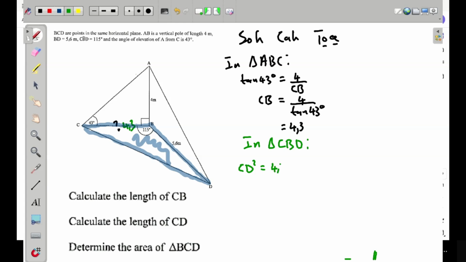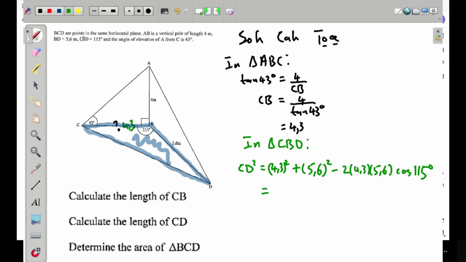You're going to square the 4.3, and then you're going to square the 5.6. Then you say minus 2 times 4.3 times 5.6. Then, because it's the cosine rule, we have to go cos 115. Of course, guys, you don't have to worry about memorizing these rules. They're always given in your information sheet.